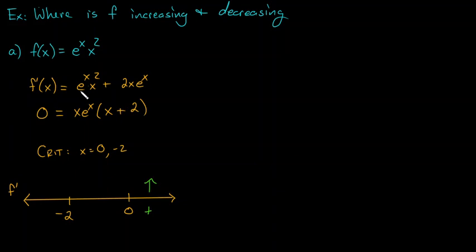This is the easiest version to plug into. That would be a negative. e to the -1 is a positive, and -1 plus 2 is a positive. What's it going to give me? A negative. That goes down. I knew that before.